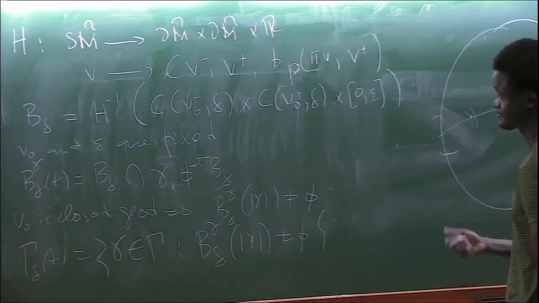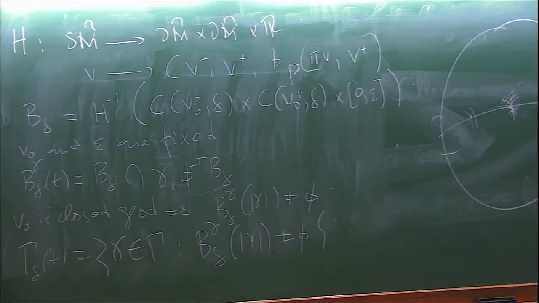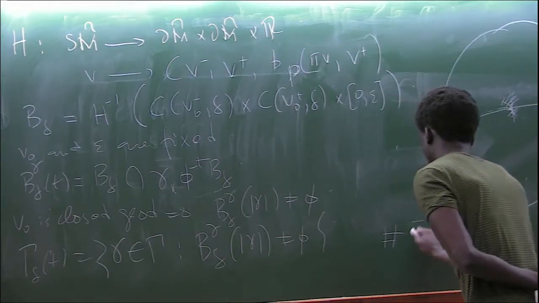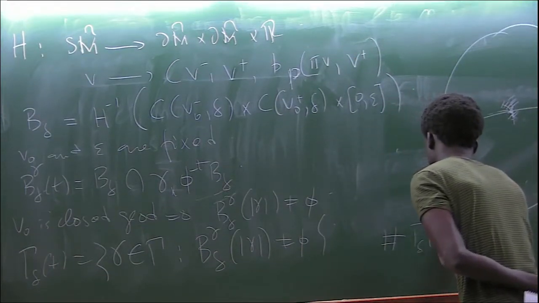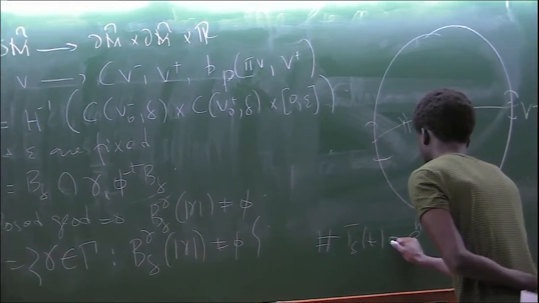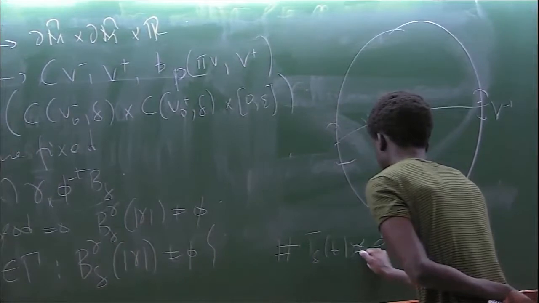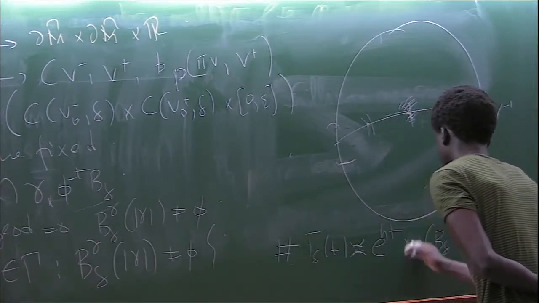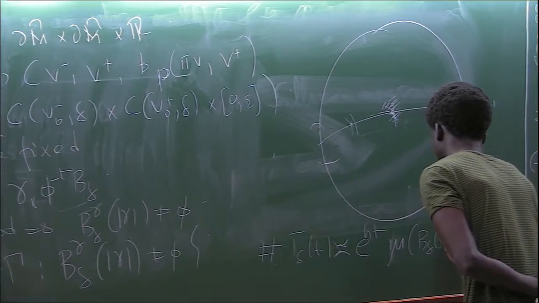Also you need the fact that this is a product measure. So basically what we want is that the cardinality of Gamma_delta,T is of the order e^{hT} times the measure of B_delta,T, like mu of B_delta,T.